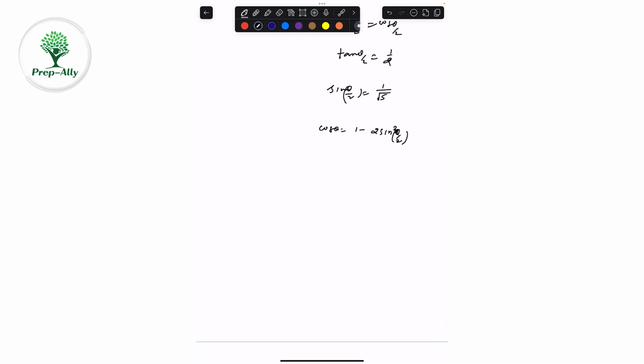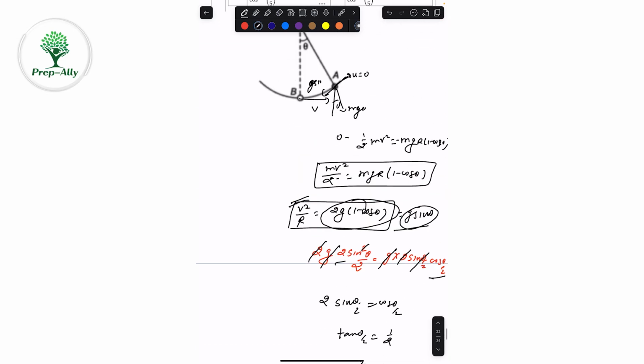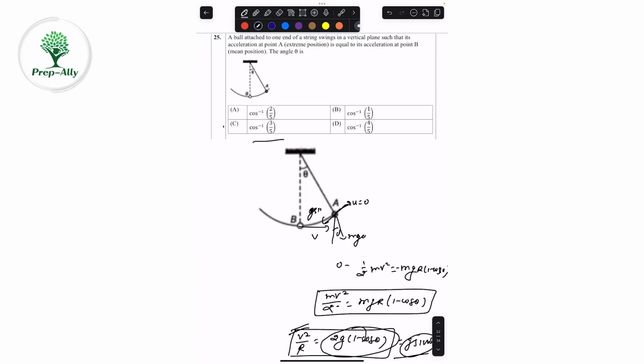So sin square theta by 2 will be 1 by 5, and 2 times that is 2 by 5, which has to be subtracted from 1, so it will be 1 minus 2 by 5, which is 3 by 5. From here theta will be equal to cos inverse of 3 by 5, which is option number C. So C is the answer, and this is how you can solve these types of questions.